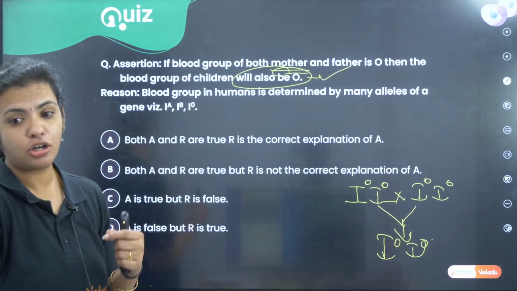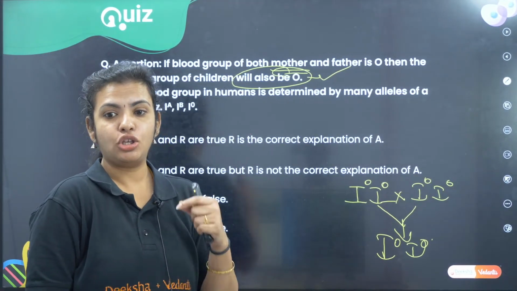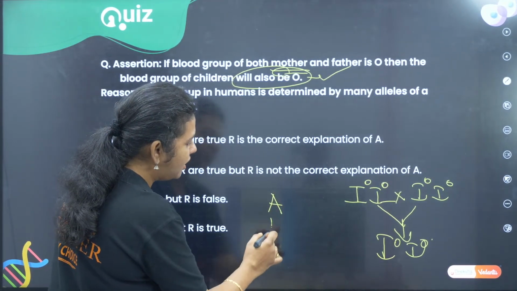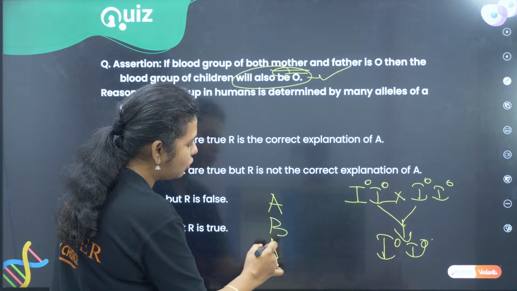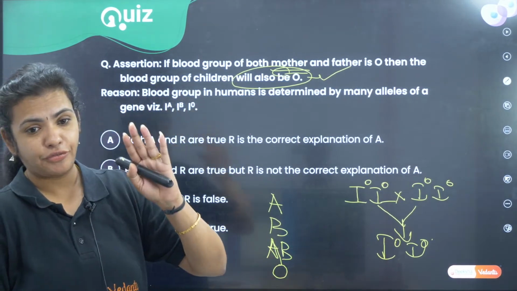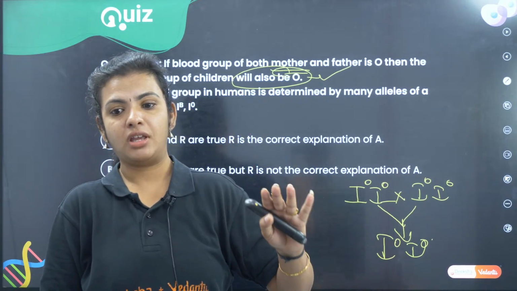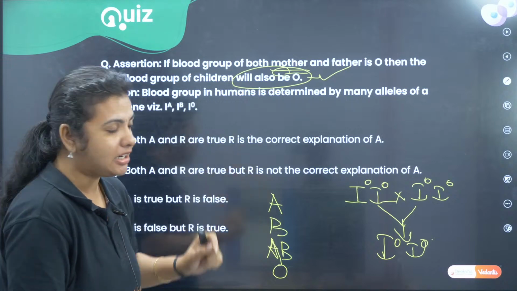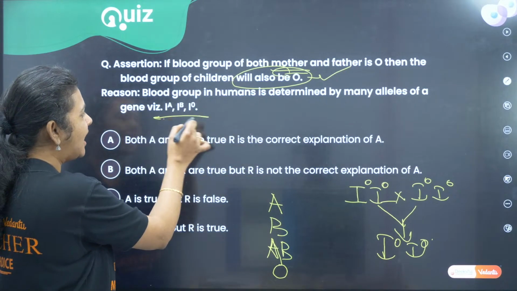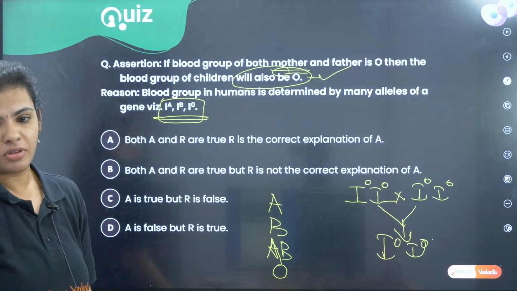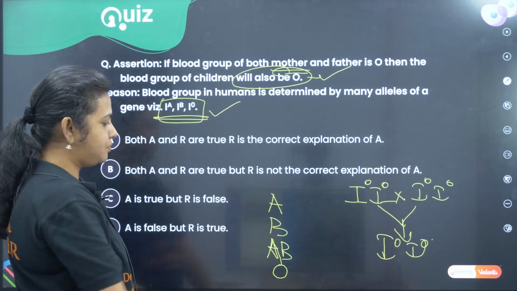And when we talk about human blood group, it can be blood group A, blood group B, blood group AB or blood group O. In human beings, we have 4 different blood groups, A, B, AB and O, which are controlled by alleles IA, IB and IO, which is also right.